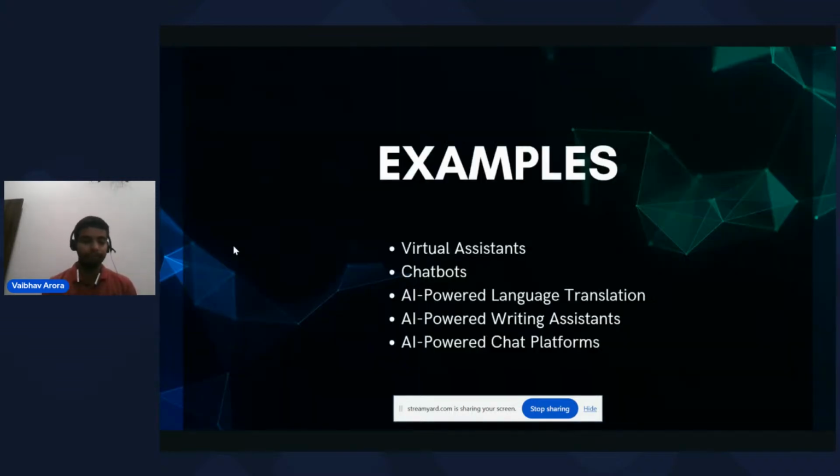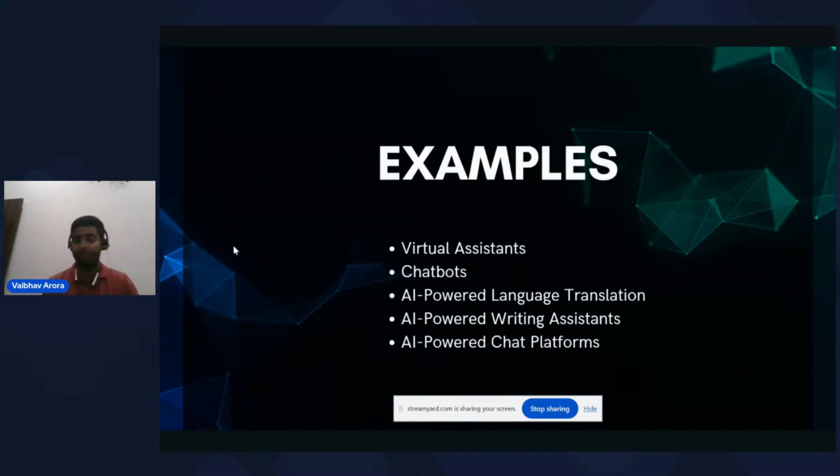After that, we are done with that particular part. Now coming to examples basically, right? So coming to the examples part, there are virtual assistants and chatbots, like we all are using Siri, Google Assistant, right? We just say and it understands our context and just gives us results.